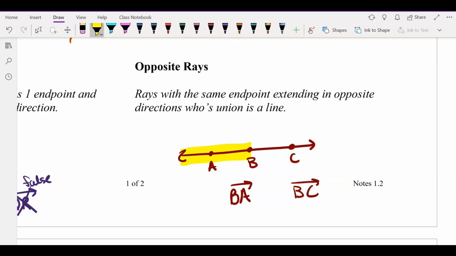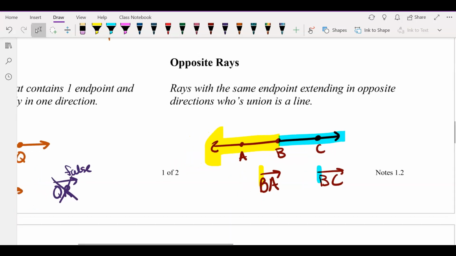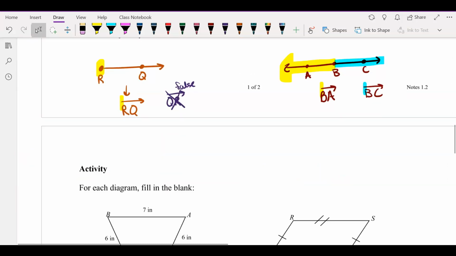Here we have BA going in this direction. So we're going to have B next to the endpoint. Then we have here BC. B is at where the endpoint is. So we're going to have that first, and then it goes to C. You will not switch the order when you write the bar on top with the arrow going in the one direction. It's always going to go in the direction to the right.